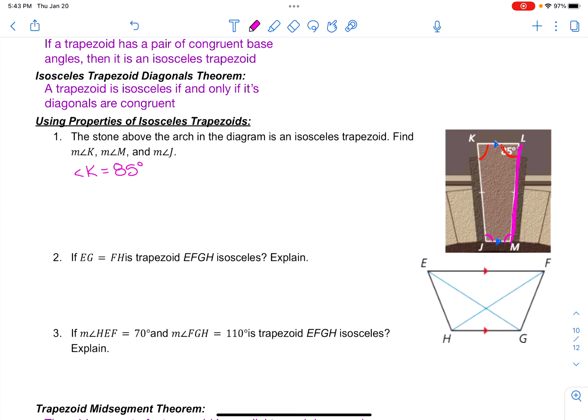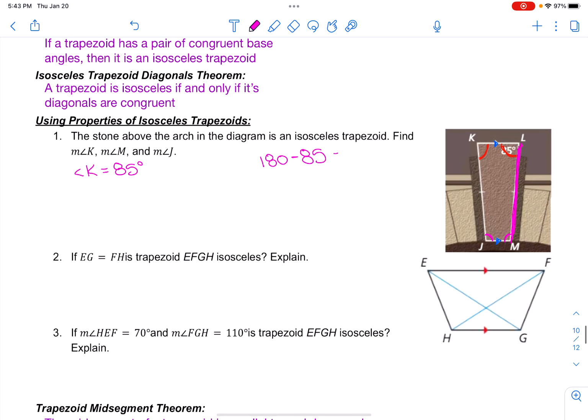So to find the measure of angle M, we would just do 180 minus 85, and that would give us 95. So angle M and angle J are 95 degrees.